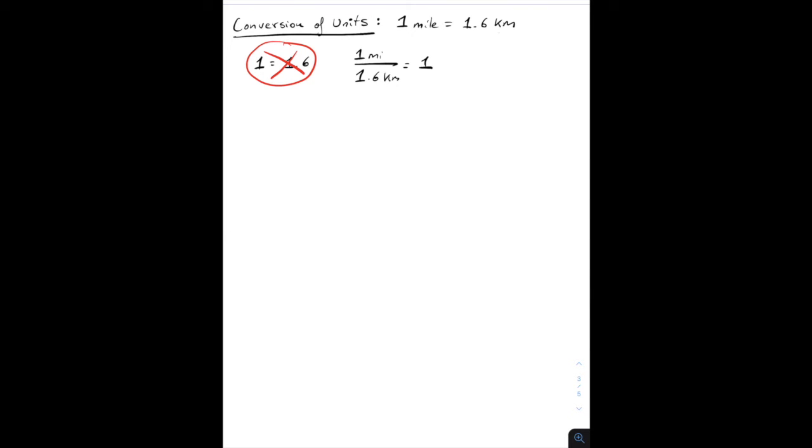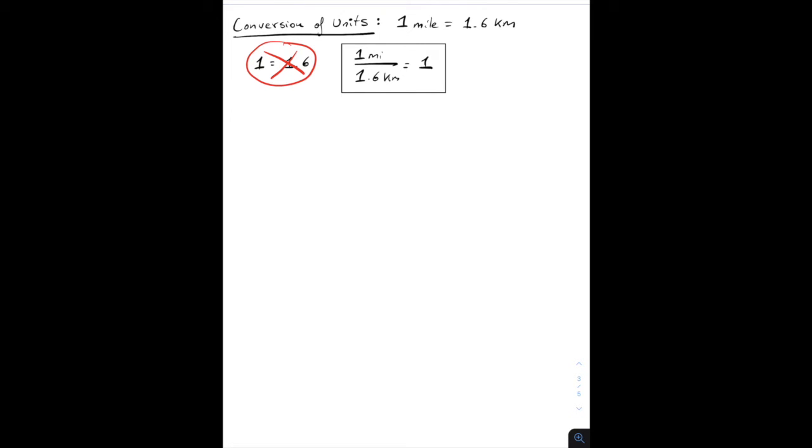They represent the same amount of length. With this fact, we are creating a ratio that will allow us to convert from one unit to the other. So let's jump into an example.